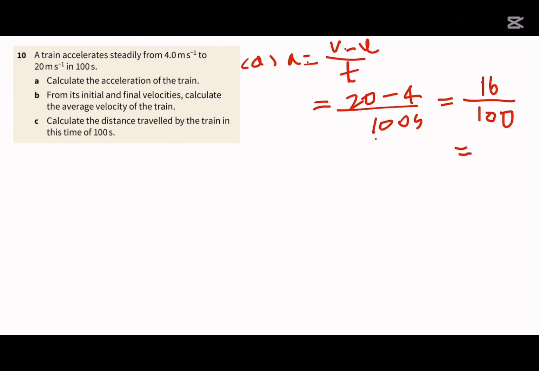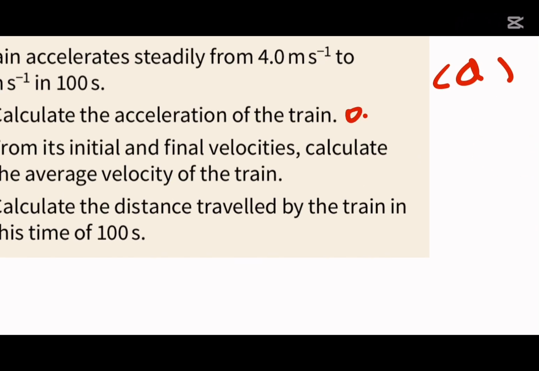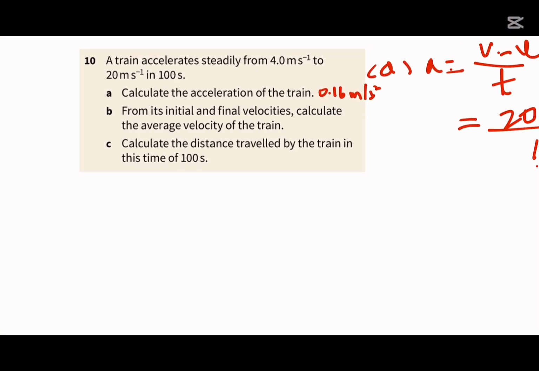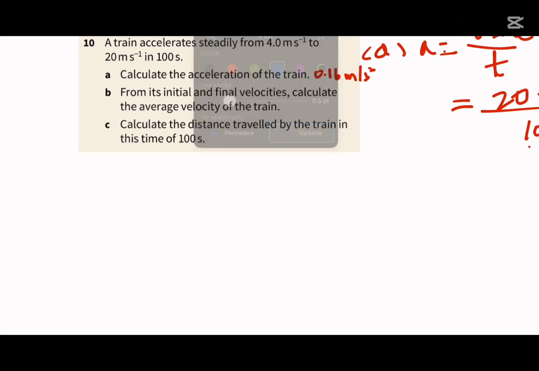That will be 0.16 meters per second squared. So this is the answer to this question, 0.16 meters per second squared. My brush was too big. Now let's go to part B.